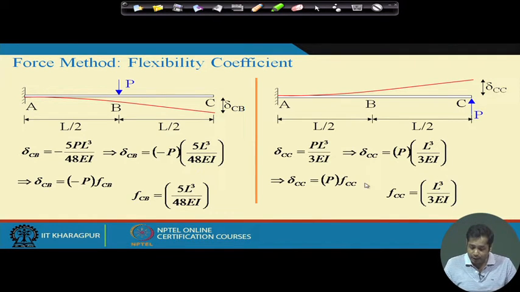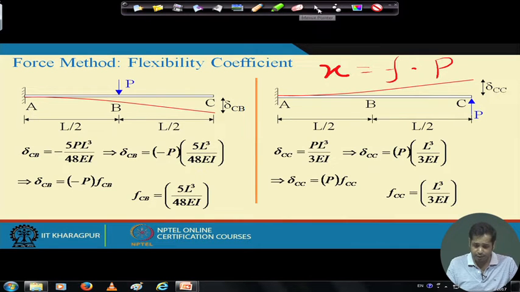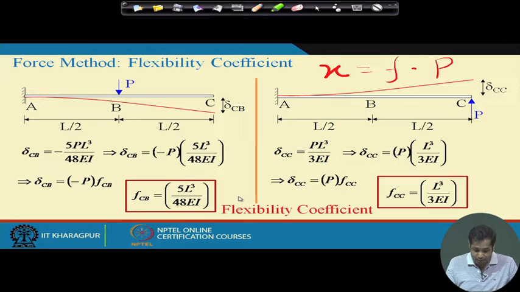Now, if we compare, we have just seen that the relation between deformation, force and flexibility is x is equal to F into P, where x is the deformation, F is the flexibility and P is the force. Now, these terms are called flexibility coefficients.